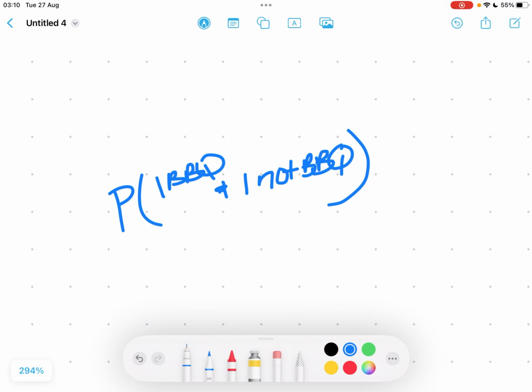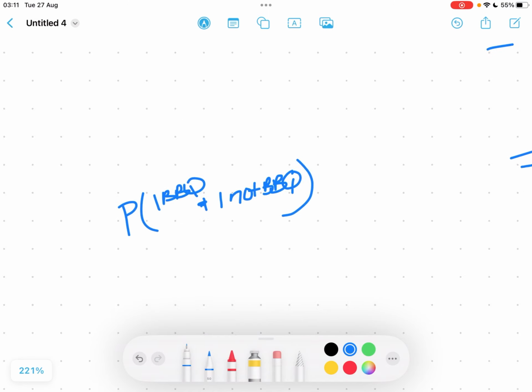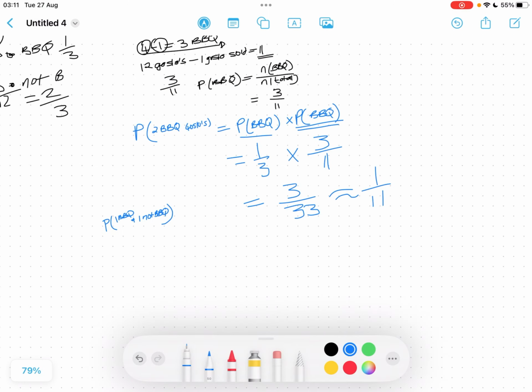This question looks very simple, but please think about it deeply. It's either you will pick the barbecue first and then pick the not barbecue, or you're going to pick the not barbecue first and then pick the barbecue. So I want you guys to try and integrate that whole analogy that I'm explaining to you into one answer. Send it to me, and I definitely want to see how you explore this. I will definitely explain it to you guys in one of our Zoom meetings.